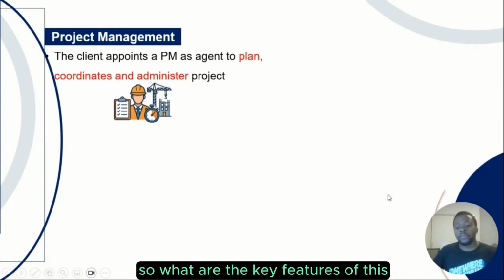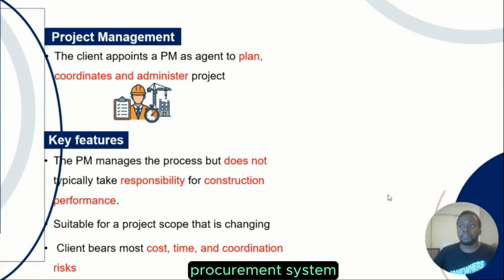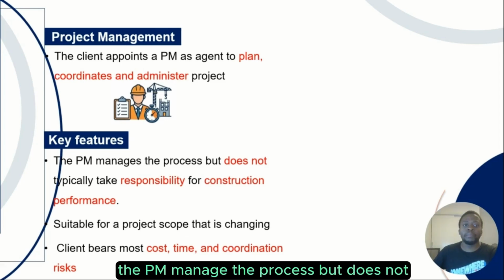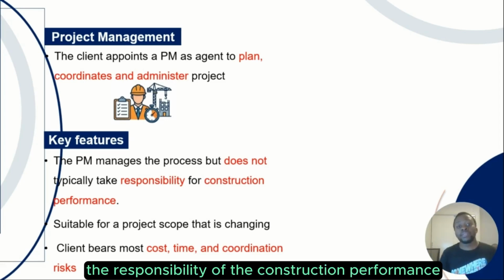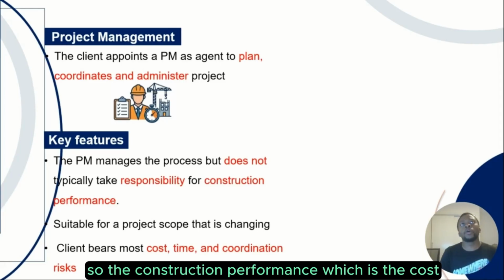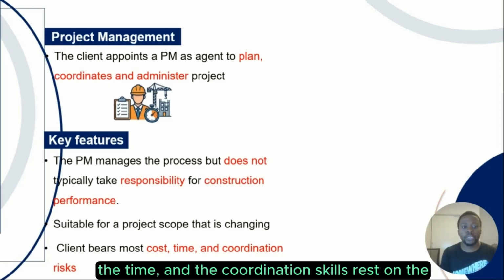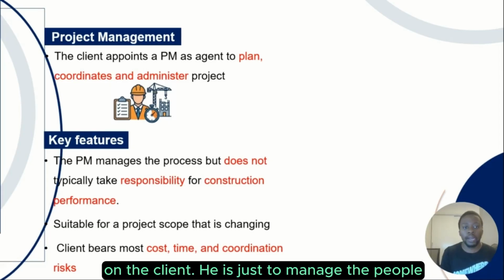So what are the key features of the procurement system? The PM manages the process but does not take the responsibility of the construction performance. So the construction performance, which is the cost, the time, and the coordination skills, rests on the client.